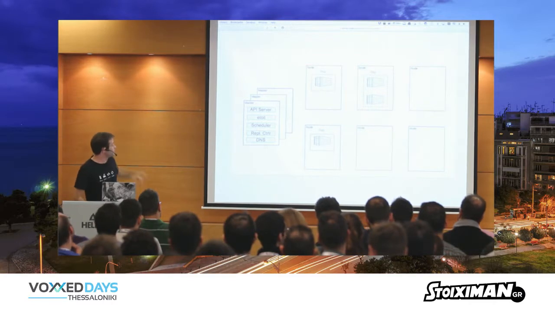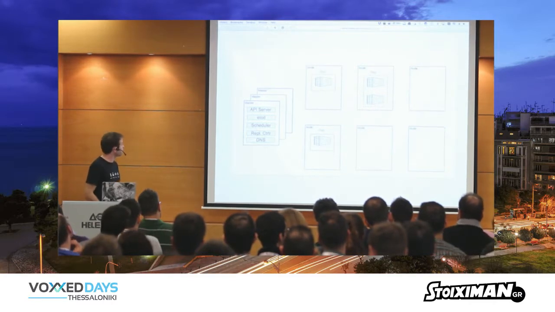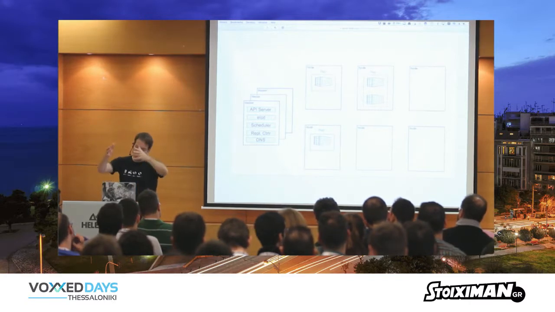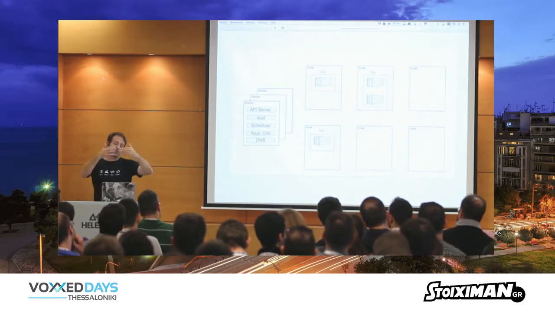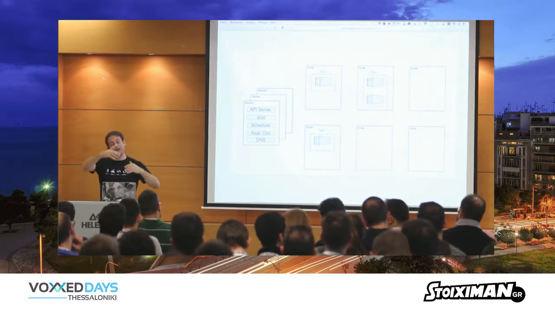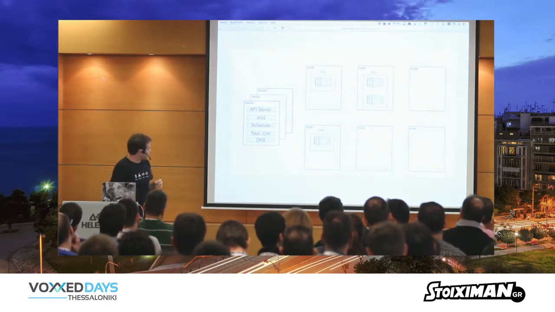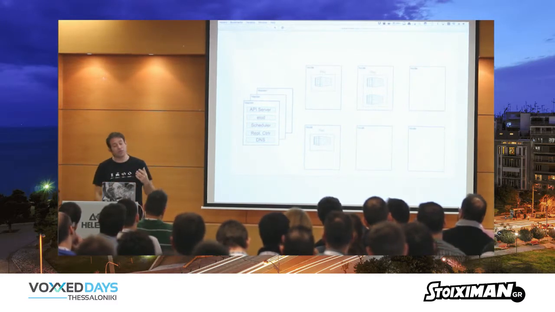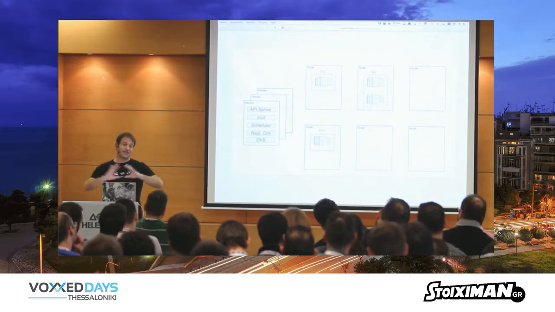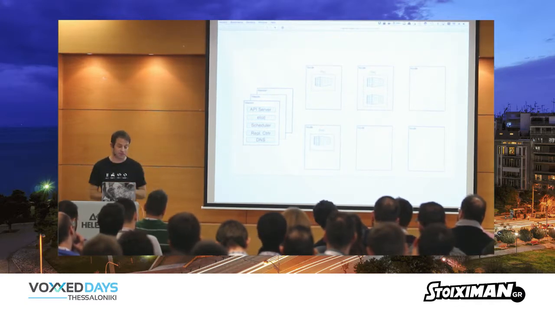And then there are a few components in this orchestration framework. There's the API server. That's the thing you connect to for your administrative work, where you say, I want Apache running 5 times in my cluster. There's the etcd daemon, which is a distributed key-value store, which makes sure the state of the cluster is persisted across the cluster.